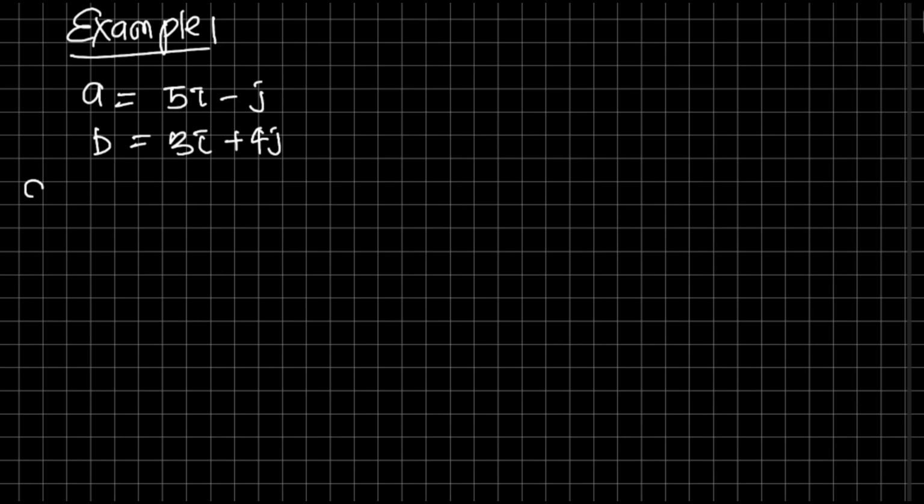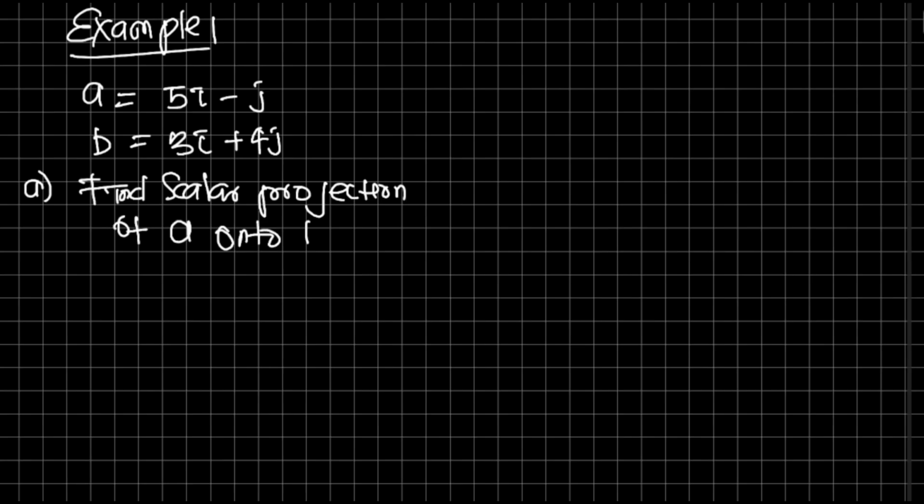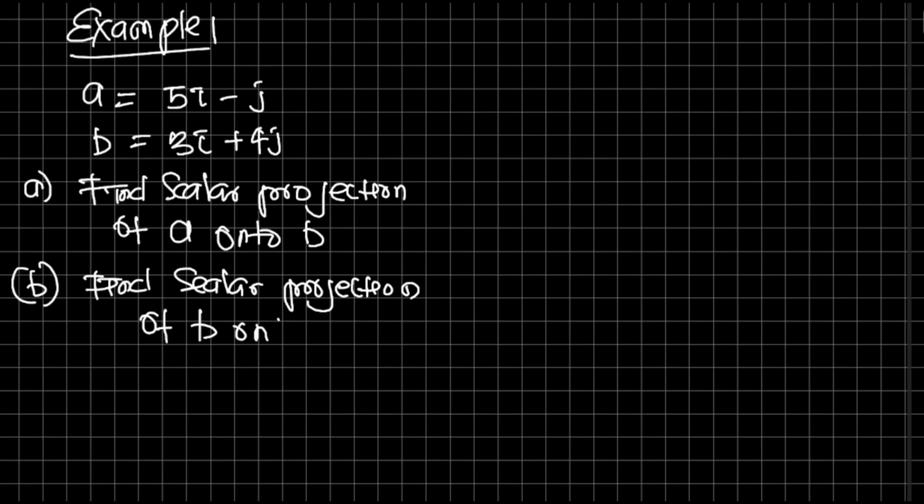Find the scalar projection of A onto B, and find the scalar projection of B onto A. Those are two different things, so we must be careful when calculating this. This question normally comes out in exams.